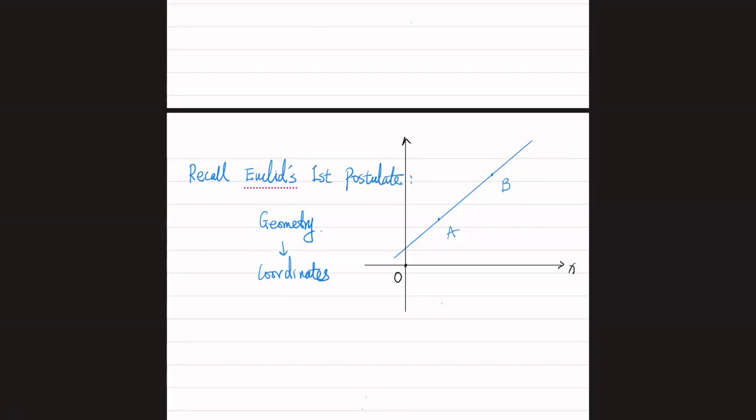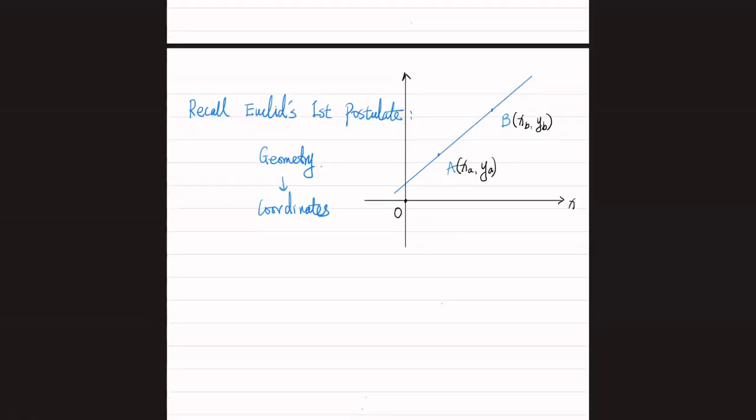We call this A, the x coordinate x_A, y_A, and B, the coordinates x_B, y_B. We want to describe this line through A and B.